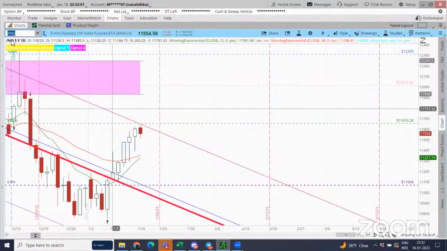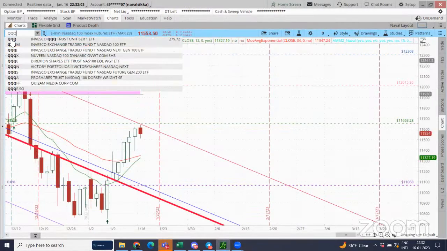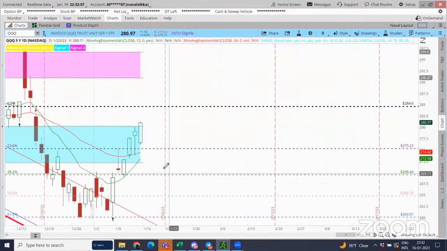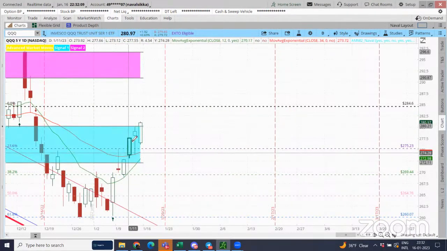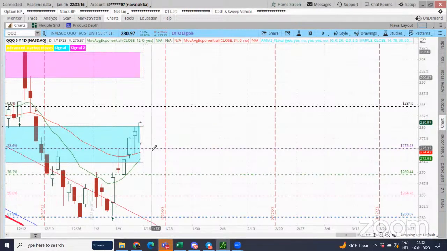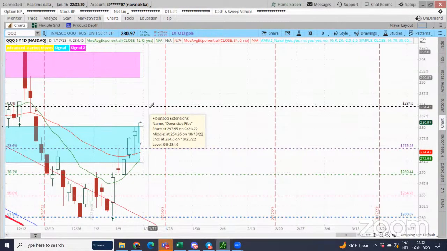Triple Q. Triple Q has back-to-back higher lows. Bullish candle support of 223.6 Fibonacci going towards zero retracement. 284, 290.